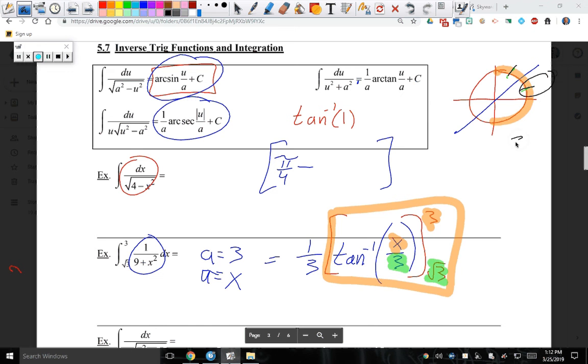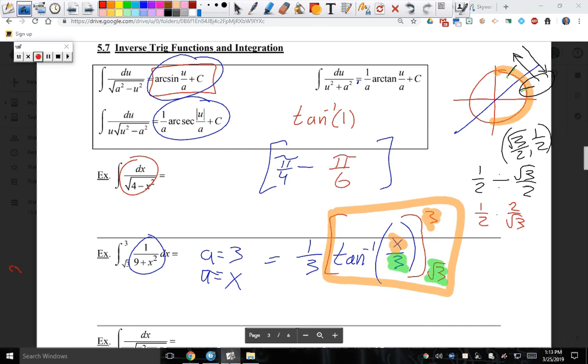Pi over 6 is 3, 2, 1, 3, 2, 1. So it is root 3 over 2, positive and positive. The tangent is the y over the x. And I just wrote that out to save a little bit of time and do keep, change, flip. Does this simplify to root 3 over 3? Yeah. So this would become pi over 6.